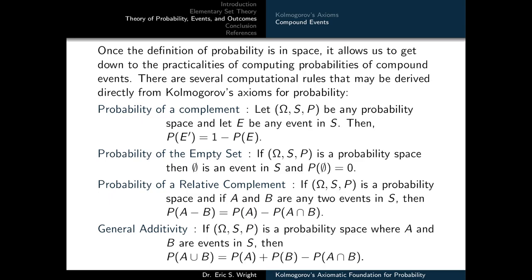We're really following a similar program here for probability that Euclid would have followed for geometry. Kolmogorov's axioms are the foundational truths of probability, and we can derive all kinds of useful computational tools, such as the ones that we see here, from them just using logic.